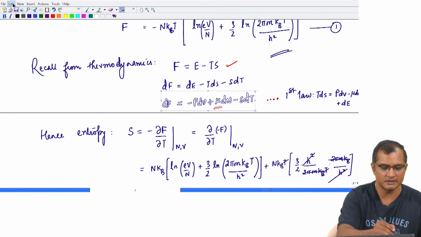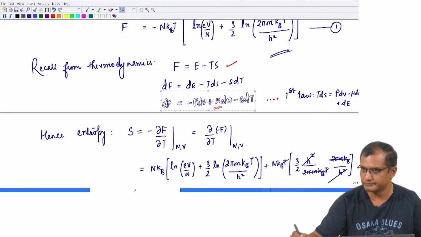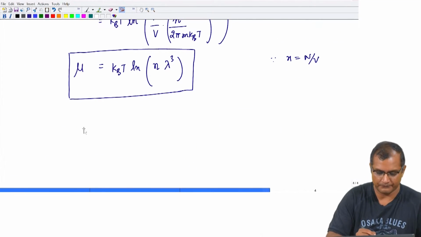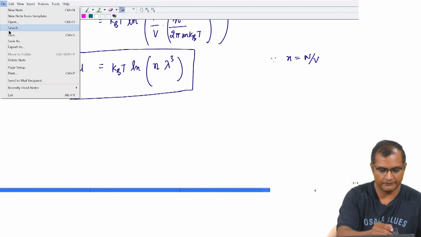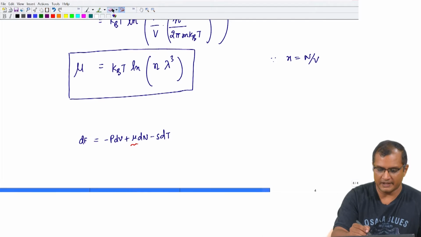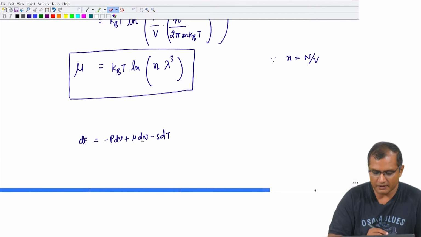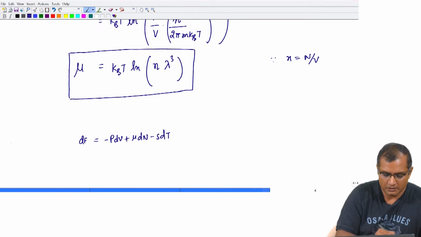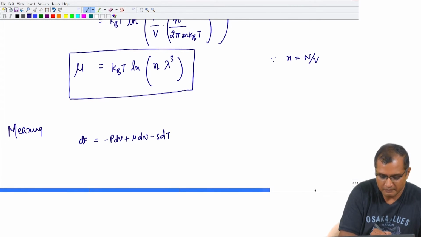I am going to copy this, and this is important. So, the entire derivation is about the meaning of these thermodynamic derivatives.